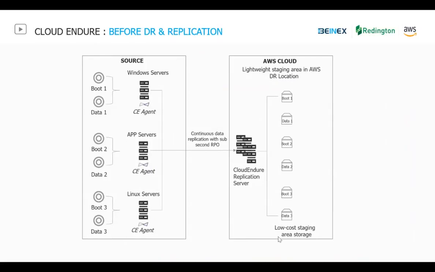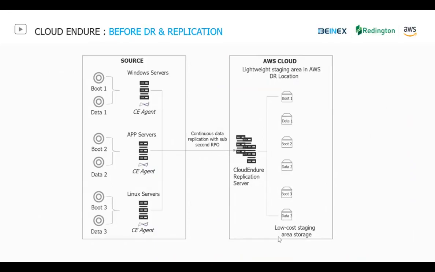Right. So before disaster recovery, in your data center, on the source side, you will have your machines up and running. They may have multiple volumes, boot volume A and data volume 1. The Cloud Endure agent will be installed on the host, which does continuous data replication on TCP port 1500. And there is the staging area. It's a lightweight staging area which will be created in your AWS environment.